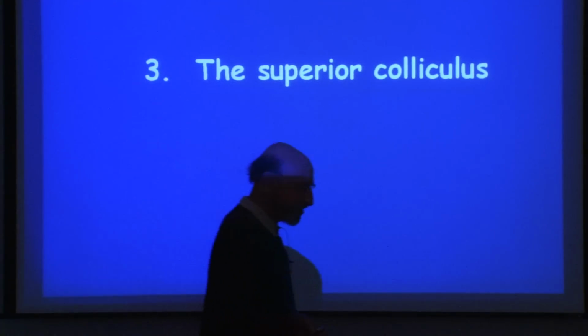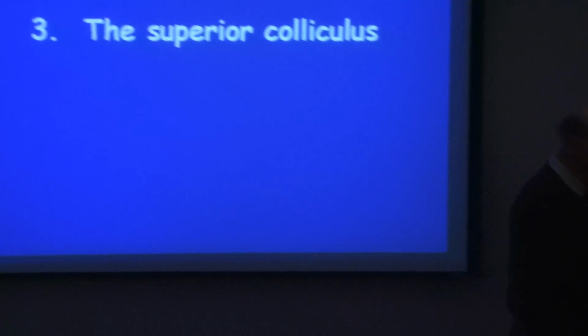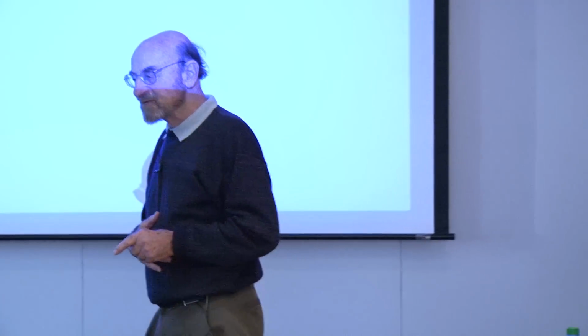Now, the first thing I want to say about this structure is that this region of the brain, I'll show you a picture of it in just a minute, is one that has undergone tremendous changes in the course of evolution. In more primitive animals, like fish and amphibia, this structure is the prime structure for analyzing vision.